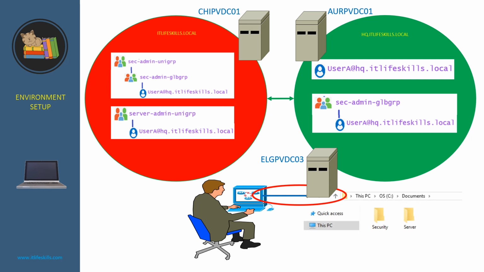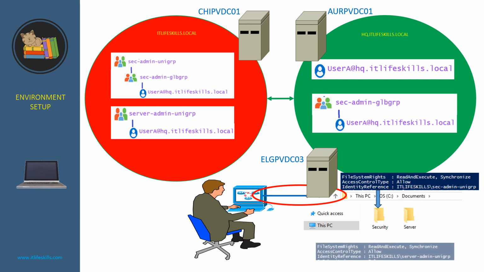In the C documents folder on LHPVDC03, we have two folders: the security folder, which is granted the read and execute permission to the security admin universal group, and the server folder, which is granted the read and execute permission to the server admin universal group.